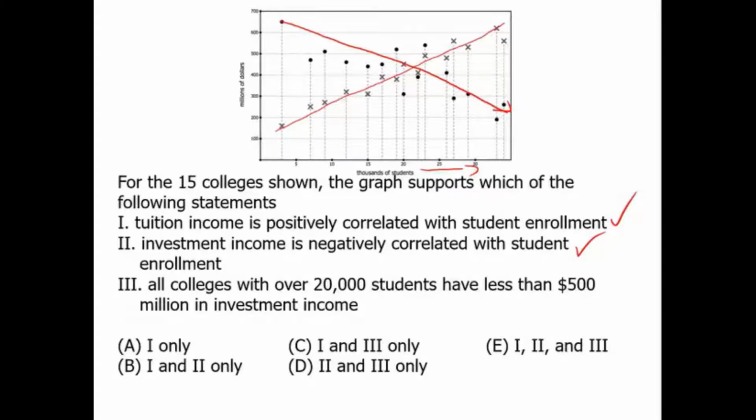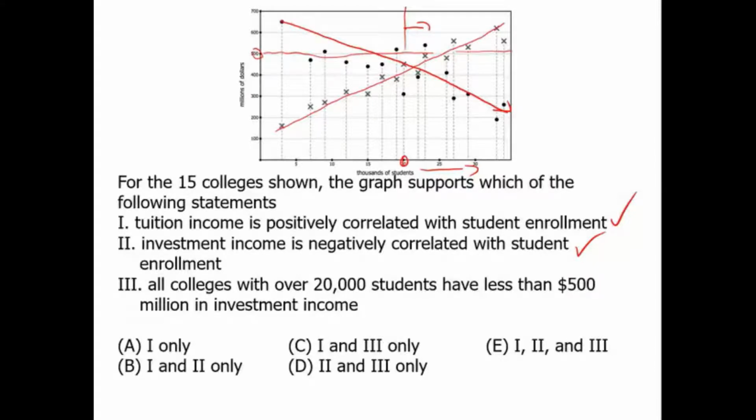Now finally, all colleges with over 20,000 students. Here's 20,000 students right here. There's one college at 20,000 students, so we won't look at that. But all colleges over 20,000 students have less than $50 million in investment income. So where's the $50 million line? That's this line right here.